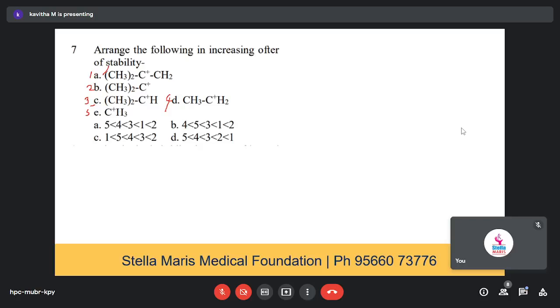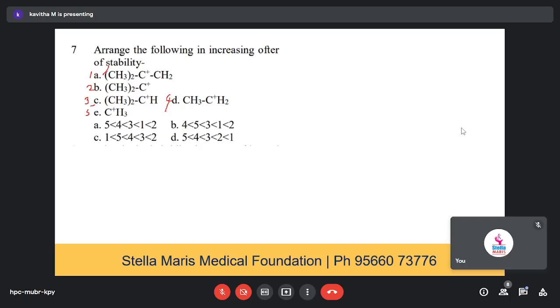If 5 is the least one, B and C get cancelled. That won't be the answer, so it will be either A or D. And what will be the next one? 4. One methyl group is attached. So the option is 4.